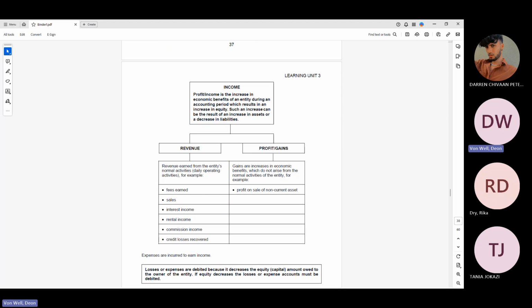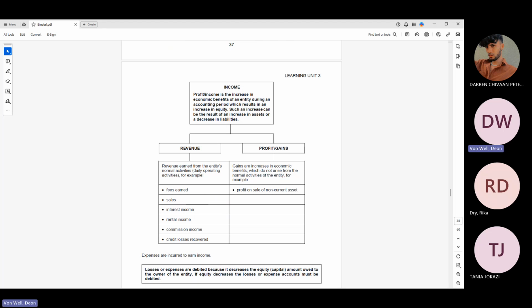That's where I have sales. When it's fees, it's a service entity. Like when I am a plumber, I'm going to charge you a fee for my service. When I'm selling computers, I'm going to show it as sales, because there are items involved. Here it's a service, and I charge a fee for my service.